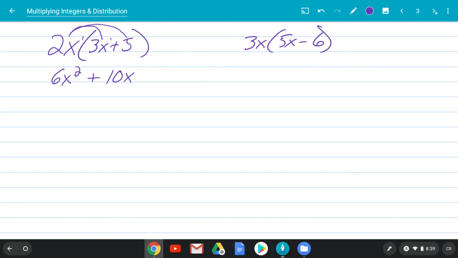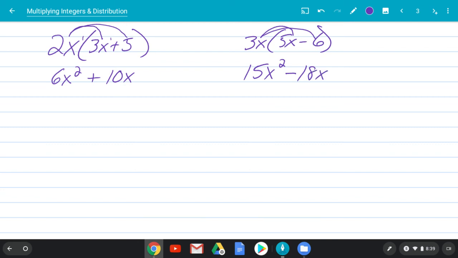Write it down. 5, 4, 3, 2, 1. 3x times 5x is 15x squared. 3x times a negative 6 is a negative 18x.